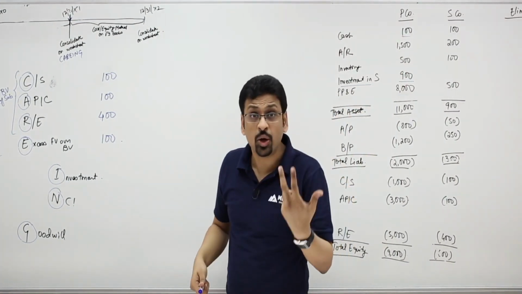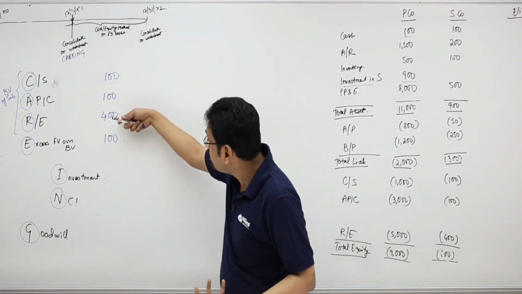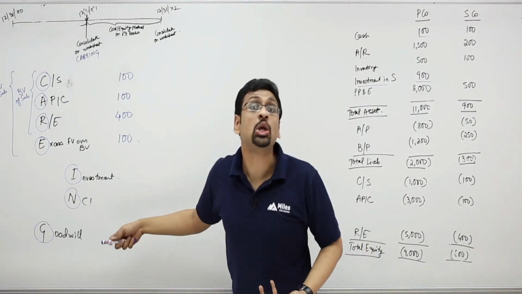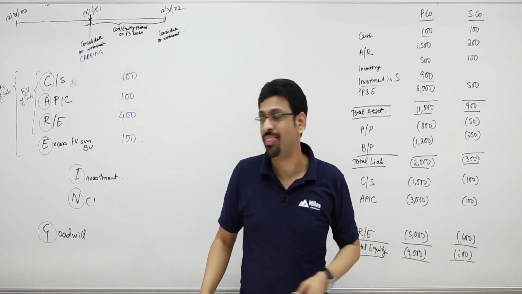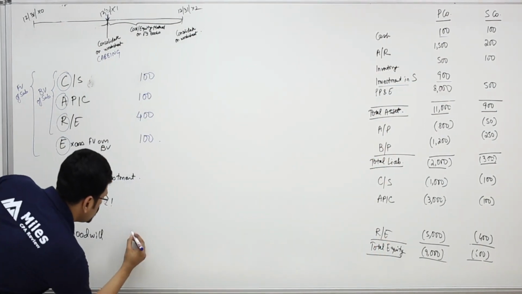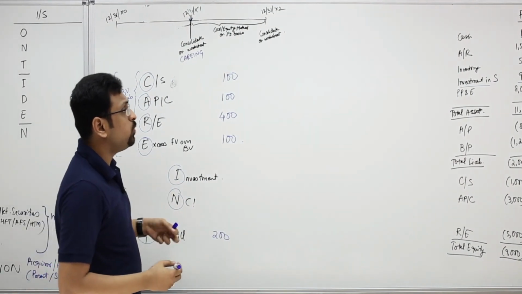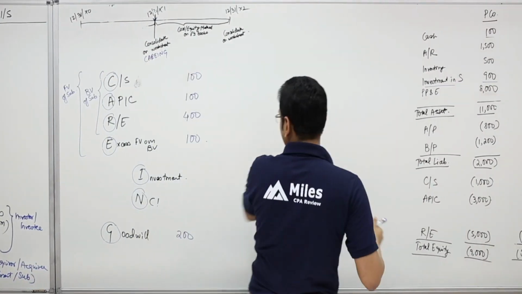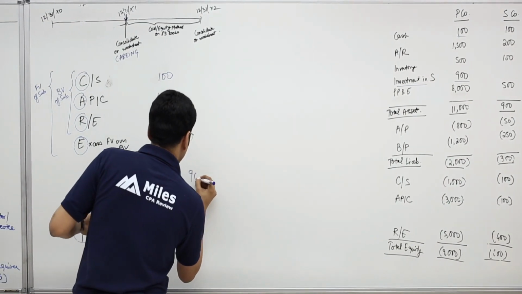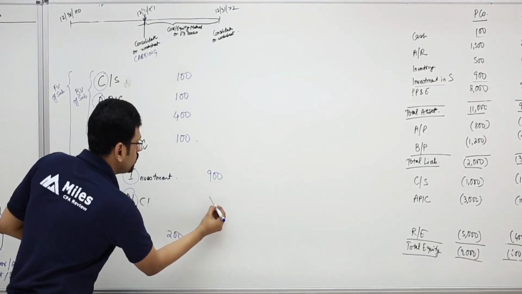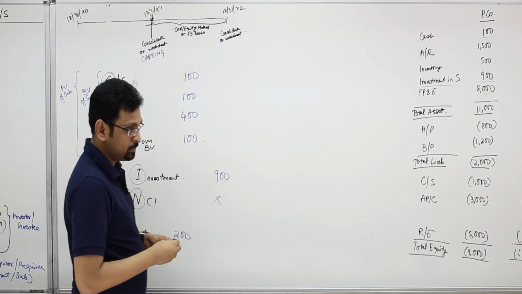That means there's a goodwill, a residual: 700 plus 200 of goodwill would have given us 900. So goodwill would be $200 out here. Now the investment number that we've got to eliminate from here is $900. There's no non-controlling interest right now. We'll talk about that later.